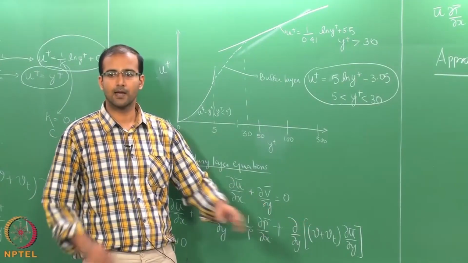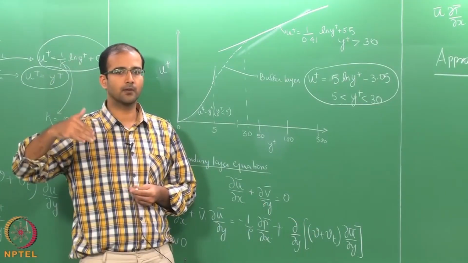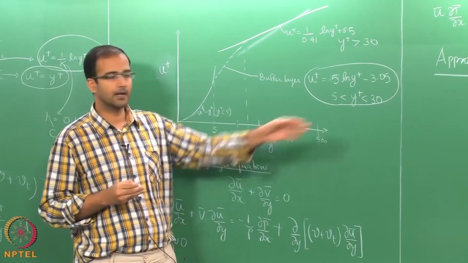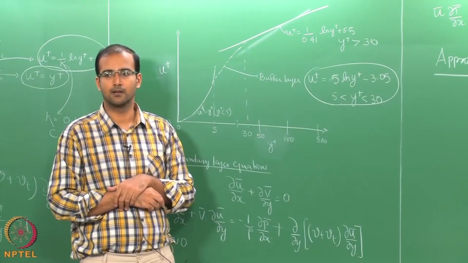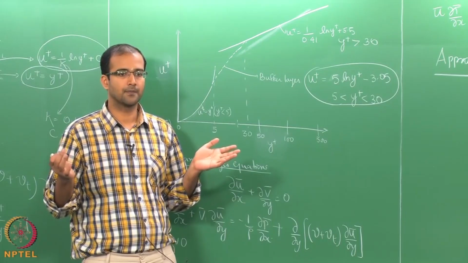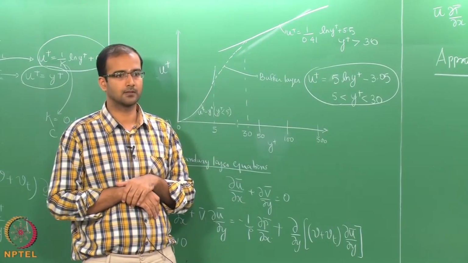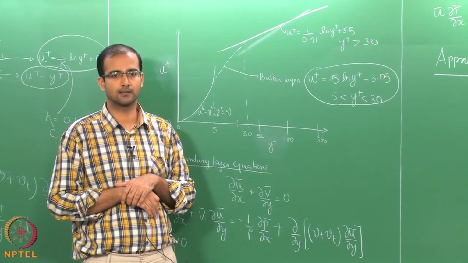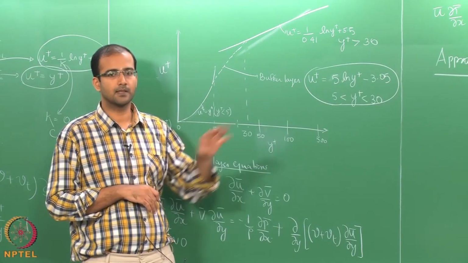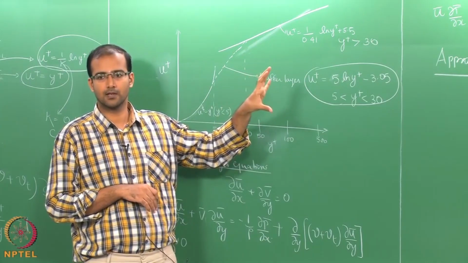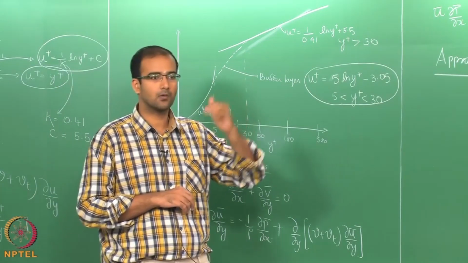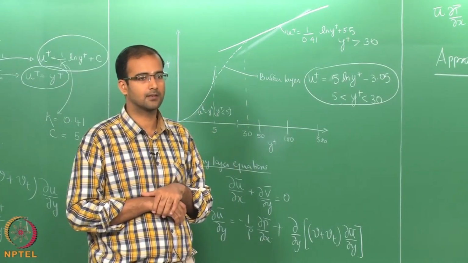On the right hand side, you will have nu plus nu t du by dy at y equal to 0, and du by dy at y equal to 0 you cannot determine from the 1/7th power law. So, then what do we do? We do not have any other option but to use some correlation for the wall shear stress. Okay. Although this is the best variation of velocity for turbulent boundary layer, we cannot use it to integrate right up to the wall. At the wall it becomes a singular solution.